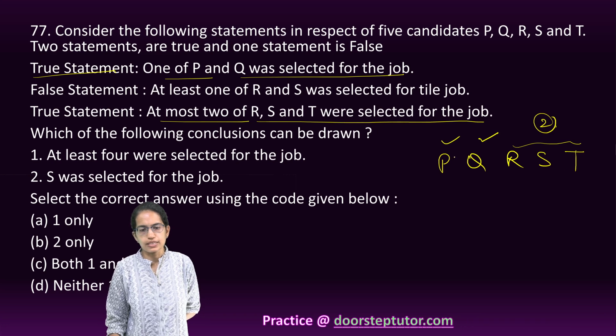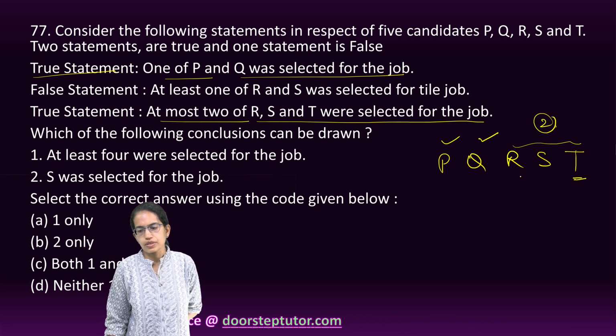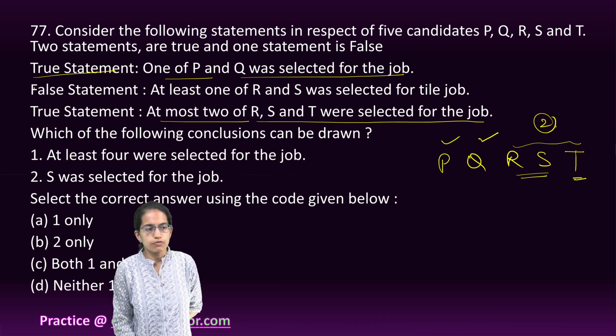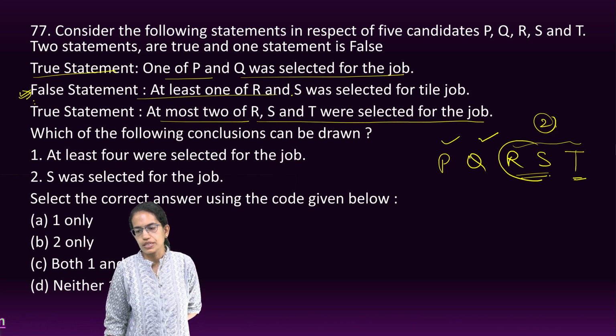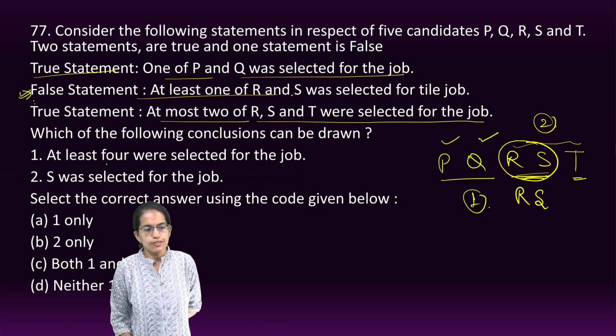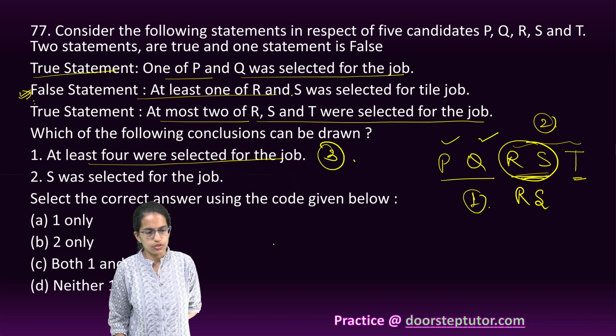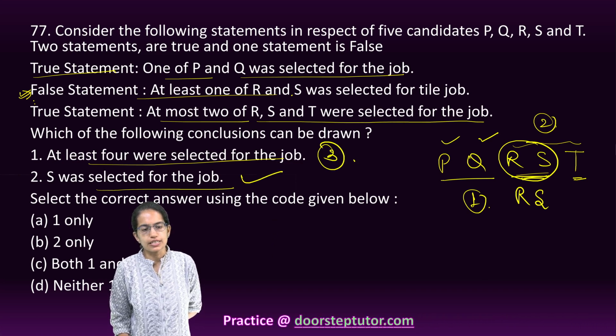Now let me consider, if I select T, then only one of them would be selected, which would make this statement true, but I have to keep this statement false. That means R and S would be selected. So if R and S are selected, from P and Q any one could be selected. So at least 3 would be selected for the job, and S is definitely selected for the job.